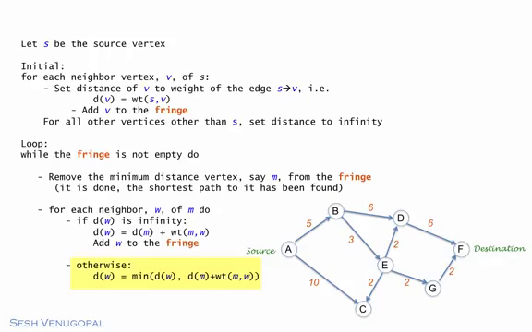And the distance of D would be set to the current distance, which is 11, or a new distance, which is E's distance plus 2, which is 10, whichever is the lesser of the two. So obviously the distance from E, 10, is less than 11. So D's distance will be replaced, and we just keep doing this until all the vertices in the fringe are removed.